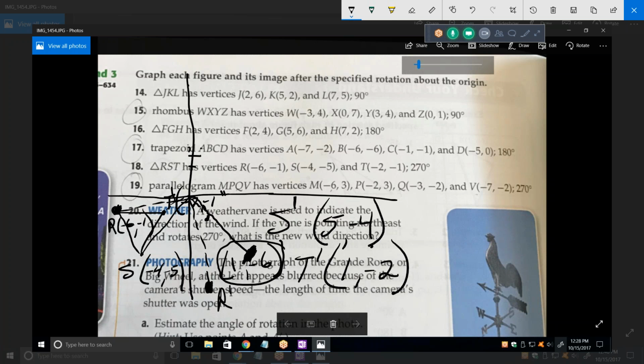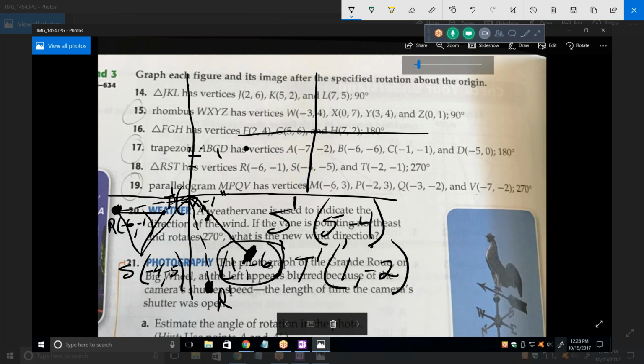So, first of all, I'm going to do 19 is 1 point, and that's going to tell us the formula, right? Which point should I pick? -7, -2. Yes, V. Well, -7, -2 is about there.